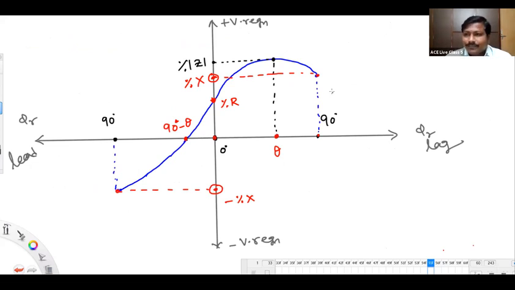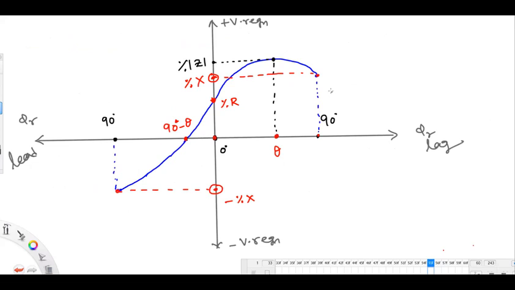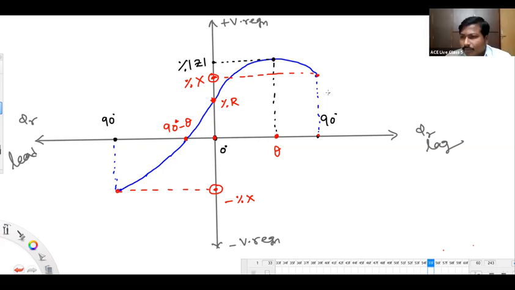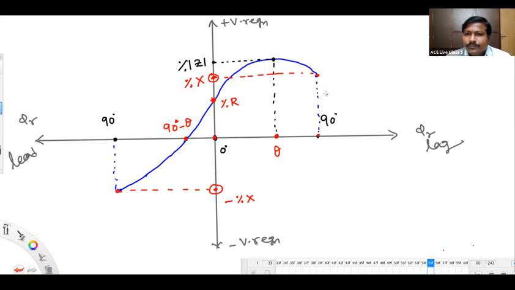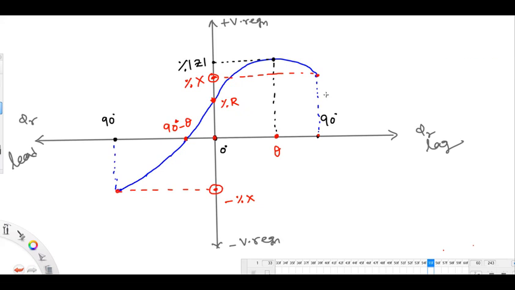Sir, maximum voltage regulation means maximum rise in the receiving end voltage, like that? Maximum rise in the receiving end voltage, you can take it by removing the load. What does the term mean exactly?